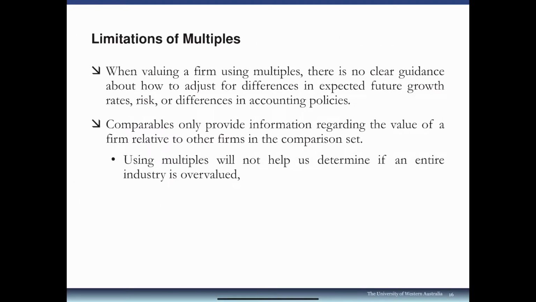But just like everything else, there are many limitations, because there's no clear guidance on how to adjust for the difference, and it doesn't take into account that the company may have a very different growth trajectory to its peers.